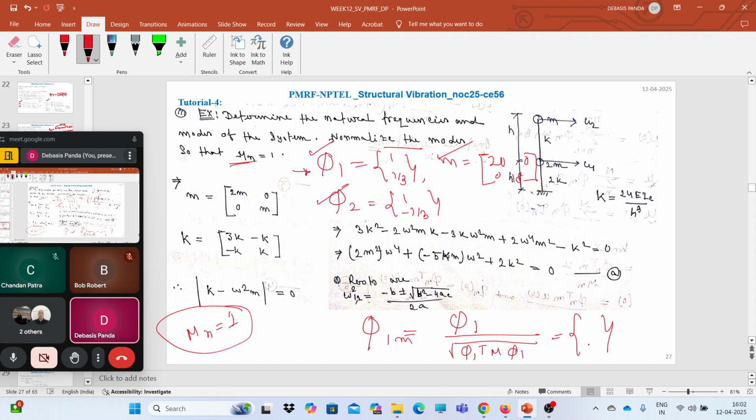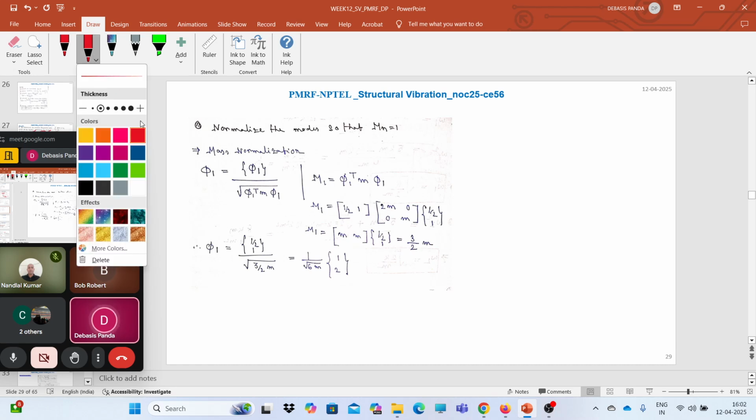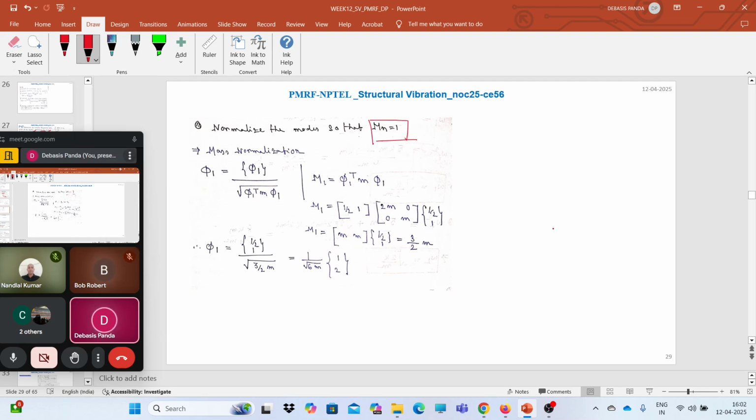Yes, this type of question, why I am sticking to it: they might ask to do the mass normalized mode shape or get the mass normalized mode shape, or they will ask to normalize the mode shape such that Mn should be equal to 1.